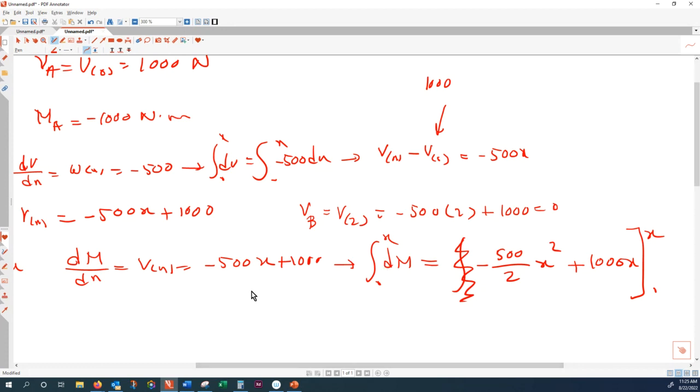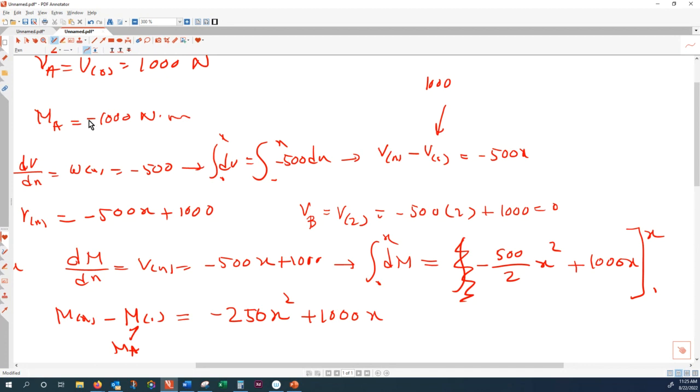Now this one is M of x minus M of 0. So M of 0 is M of A. And the right hand side is minus 250 x squared plus 1000 x.